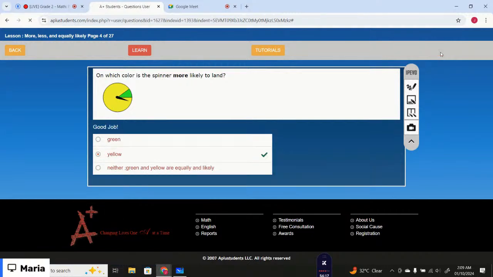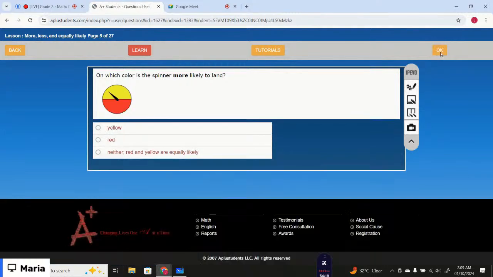Okay, very good. On which color is the spinner more likely to land? Which is the correct option? You can see the spinner. Half of the portion of the spinner is yellow, the other half is red. So which is the correct option?